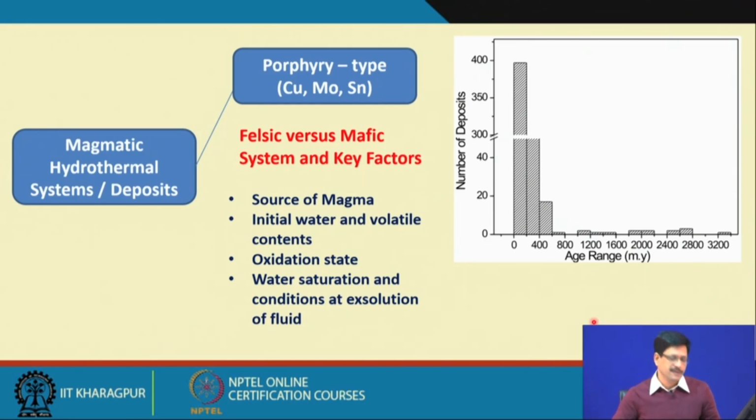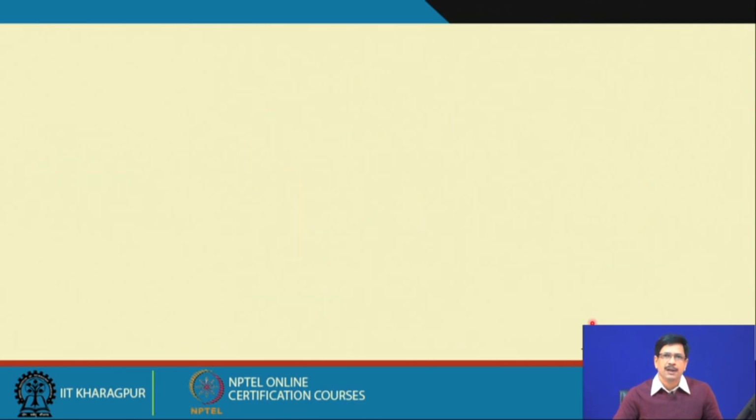The major ones are from the Western American Cordillera and the Chilean Andes. Some Chinese occurrences are reported, and deposits in the circum-Pacific ring of fire, like Fiji, the Philippines and Papua New Guinea.